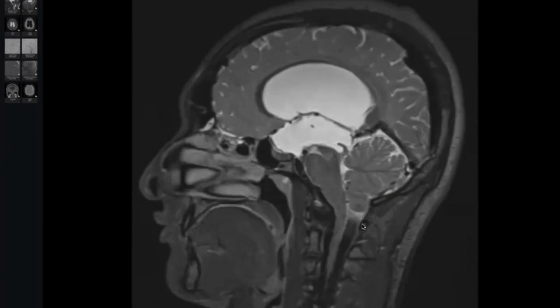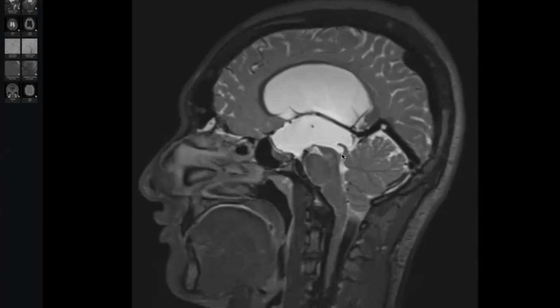Look at the cerebral aqueduct. Could you see this? What is this? Yes, there is a thin septum, which I think is the cause of upstream hydrocephalus.